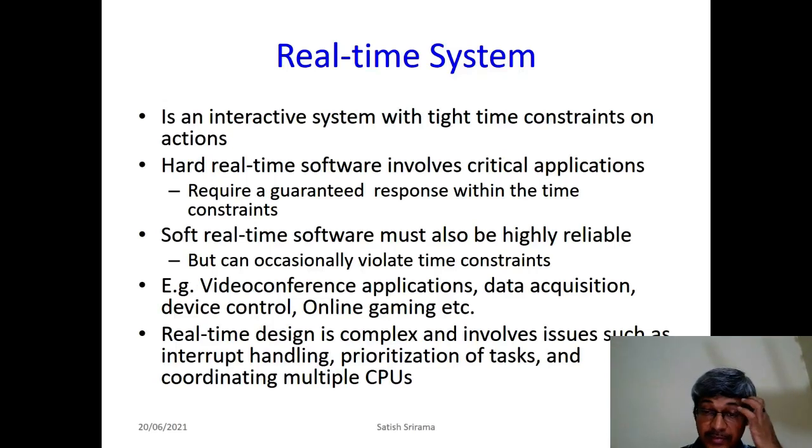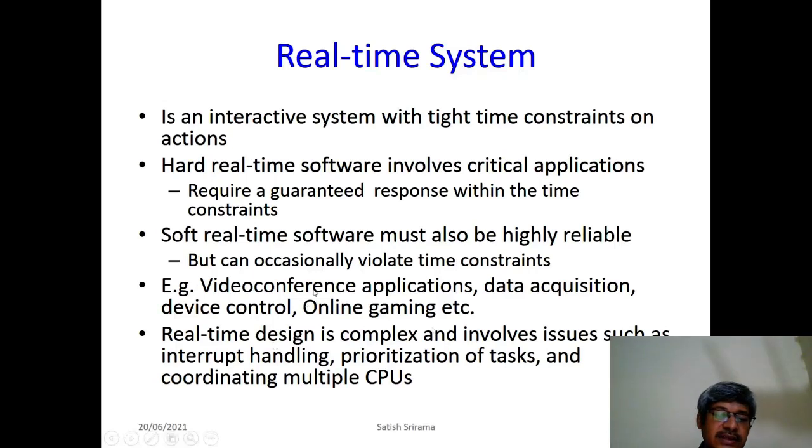It cannot be that after the fire happened, some 15 minutes later it raises the alarm, because then it is not functioning properly. These all come under hard real-time software. The other applications, I have already given the example of video conferencing, and industry applications. We can also think about device controls and online gaming. These are all real-time systems.